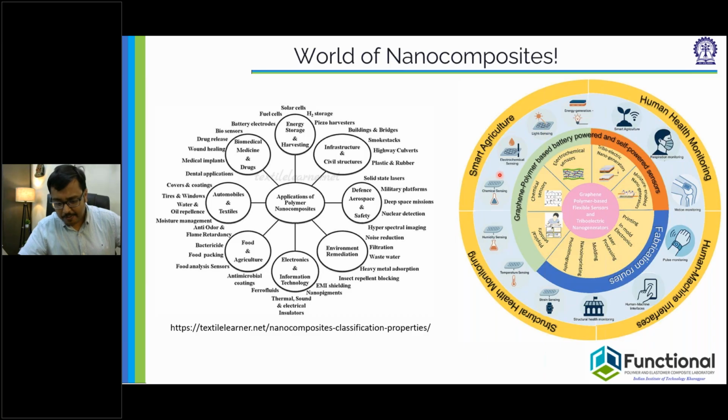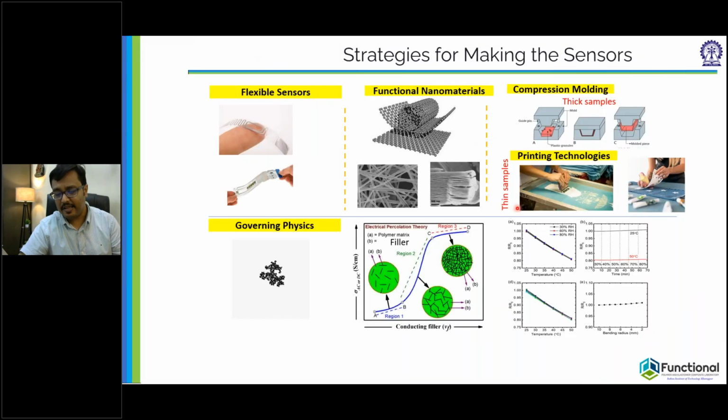Now, when I talk about these rubberized sensors, we have to understand a few fundamentals involved in this system. What exactly are rubberized sensors, and what are the typical strategies utilized for making this sensor element?